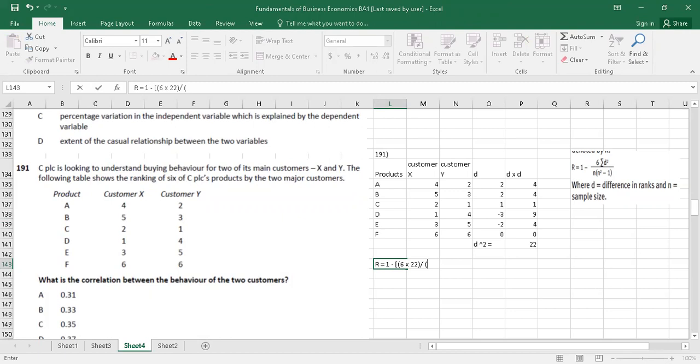There are 6 products, so n is 6. So 6 into 6 square, that is 6 to the power of 2 minus 1.